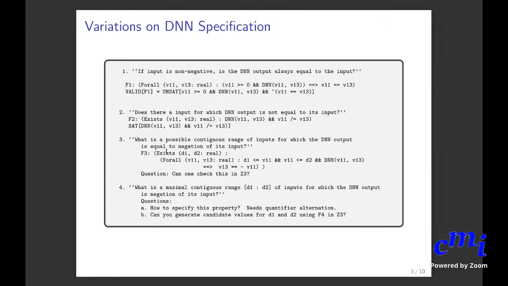Moving on, it could be even more complex, behavior that you want to query and check. For example, you might be interested in asking the question, if there is a possible contiguous range of values for the inputs for which the DNN output is equal to negation of its input, or something like that.